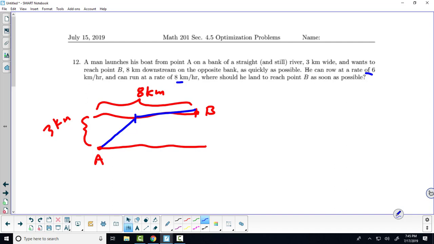The next thing is, they actually did some studies, and your textbook has an interesting anecdote about this. Okay? So for those of you interested in animal biology or animal behavior, they did some studies and found that dogs naturally do this. If you throw a ball into the water of a lake or something, the dog will naturally run along the lake for a certain amount of time before jumping in and swimming diagonally towards the ball.